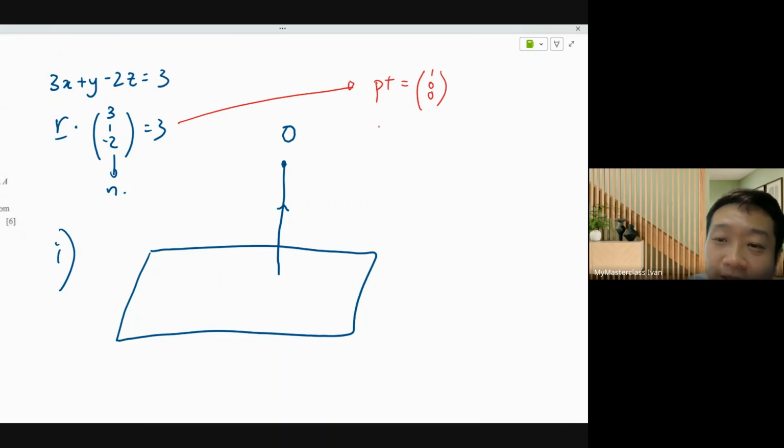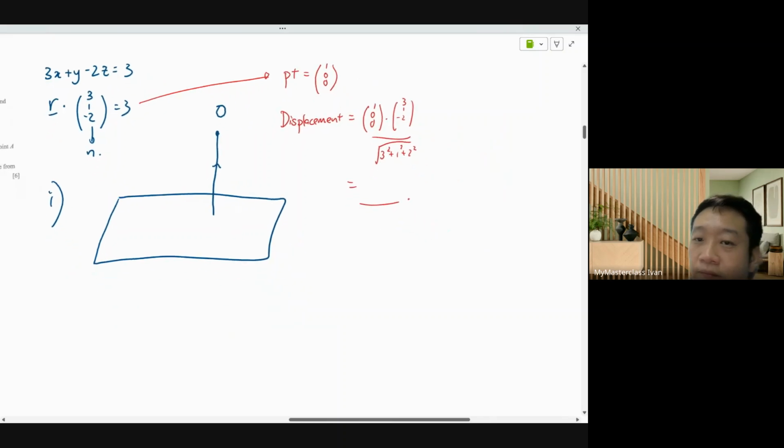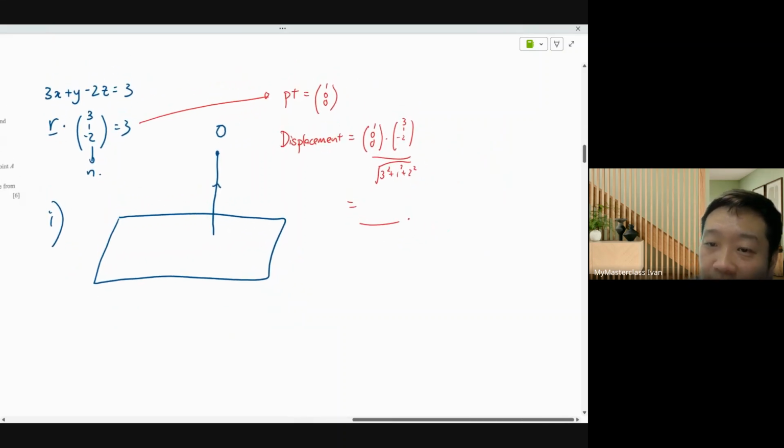So basically the displacement is equal to 1, 0, 0 dot n hat, which is 3, 1, minus 2 over square root of 3 square plus 1 square plus 2 square. That's the answer. So this will be 3 over square root 14.